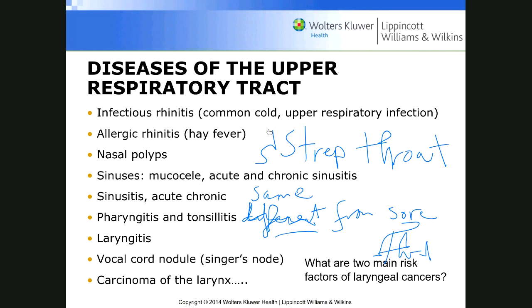A typical person who has laryngitis will probably have a husky or sometimes raspy kind of sound. Maybe no sound is produced if you have inflammation there.